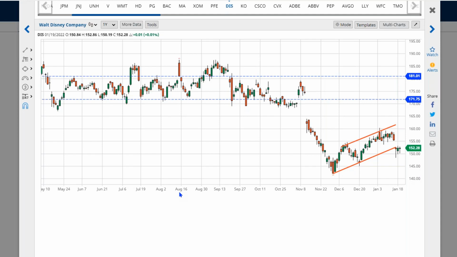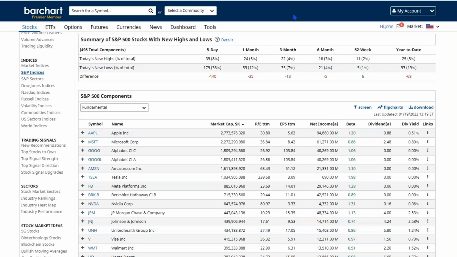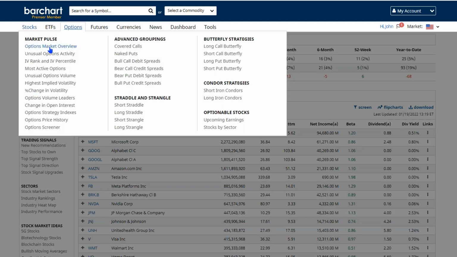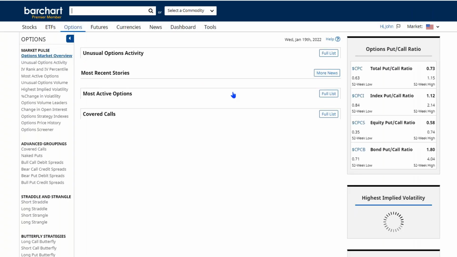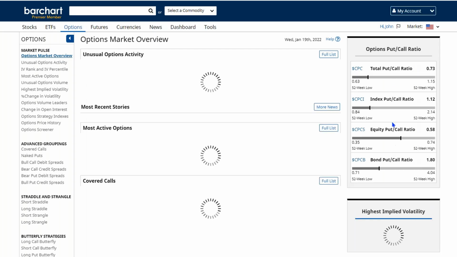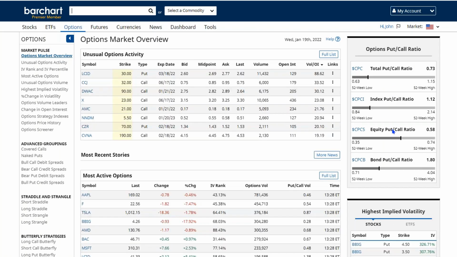Now, there is one other way we can look at market sentiment, and it's a little bit outside of the box. But I can go into options, and under the market overview, over here on the right, what we can look at is something called the put-call ratio. And how we read this is a value based on how many puts are being traded versus how many calls.